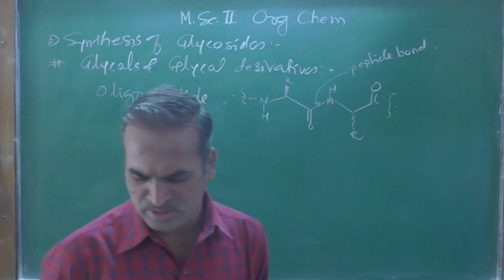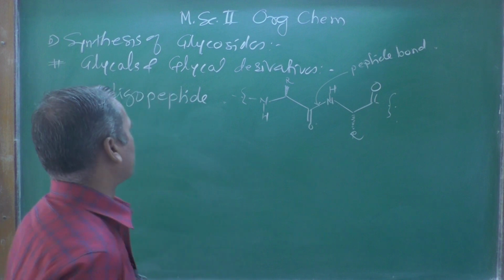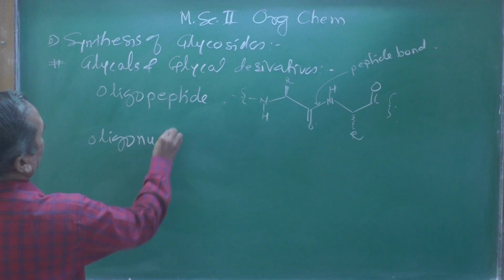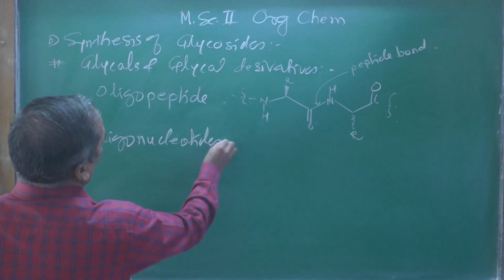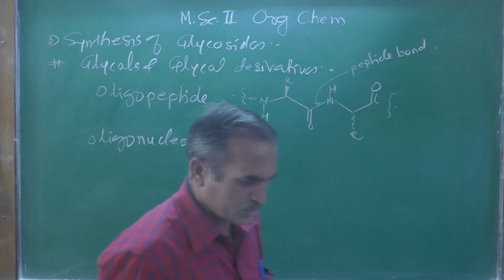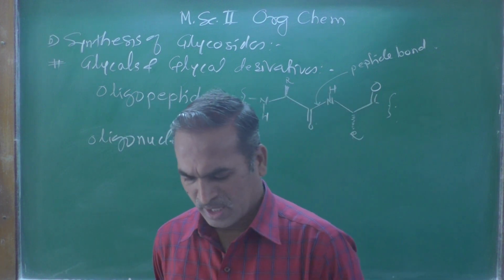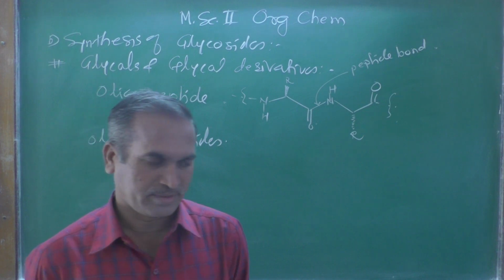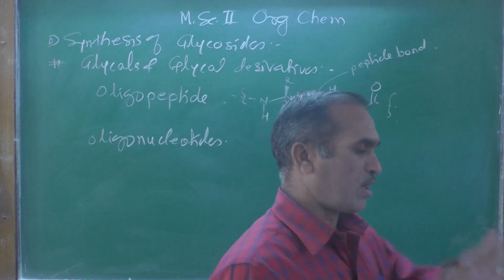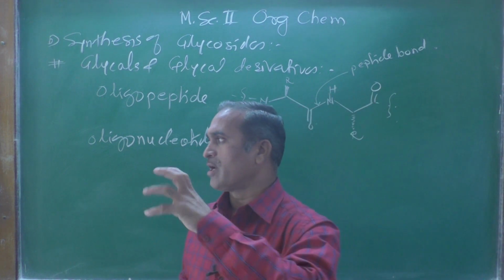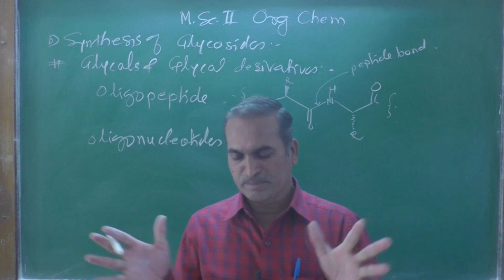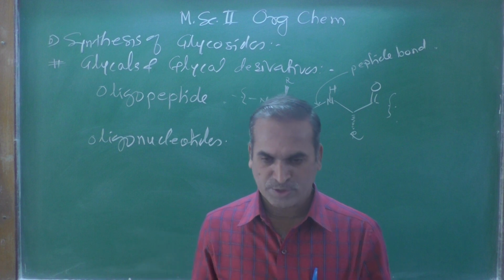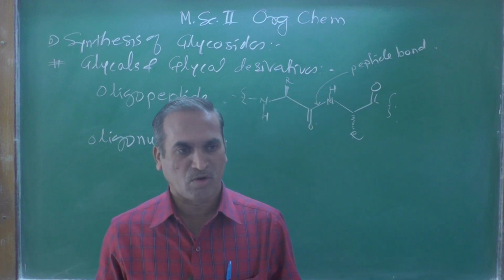Now the second one is oligonucleotides. Nucleosides, as you might know, means two compounds are joined together, and there is no phosphate involved. Phosphate bond is not involved in that.